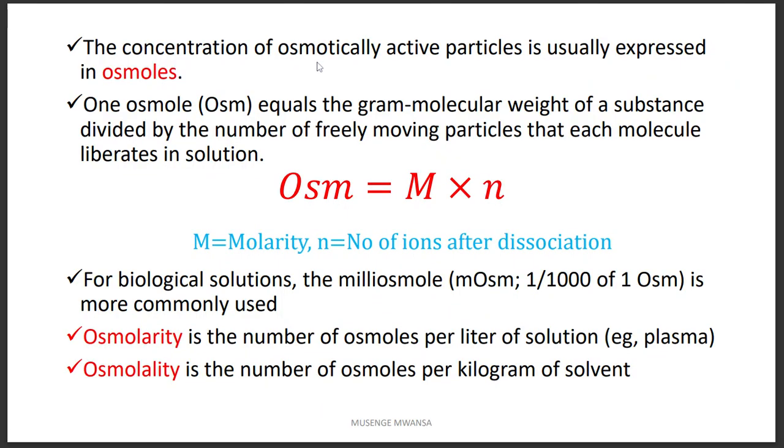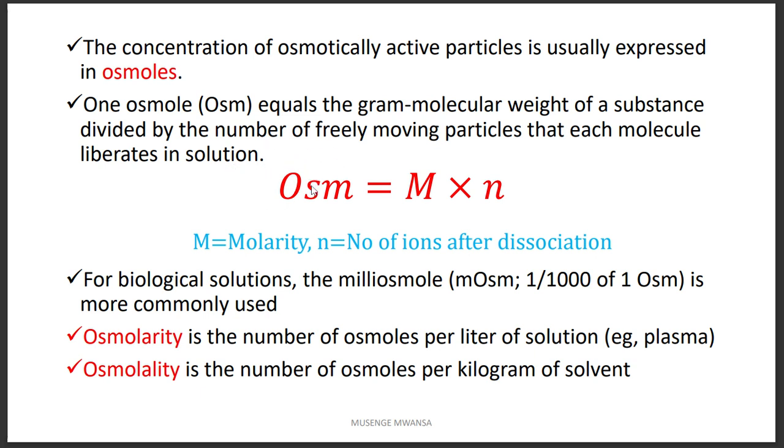The concentration of osmotically active particles is what we call osmo. One osmo is equal to 1 gram molecular weight of a substance divided by the number of freely moving particles that each molecule liberates in solution.